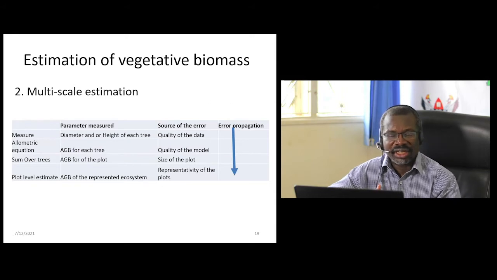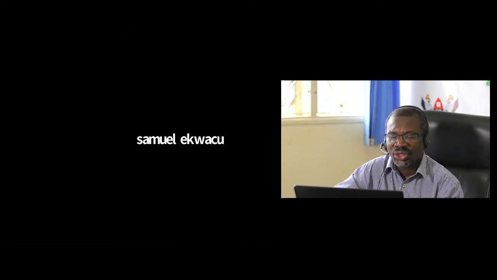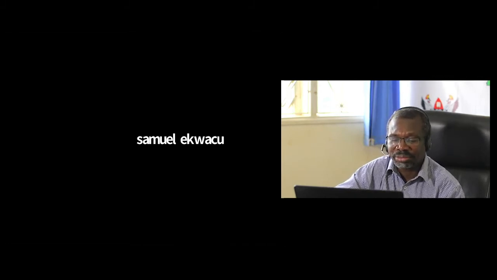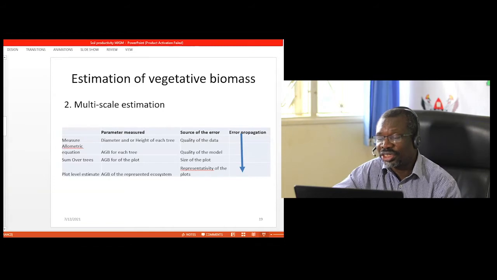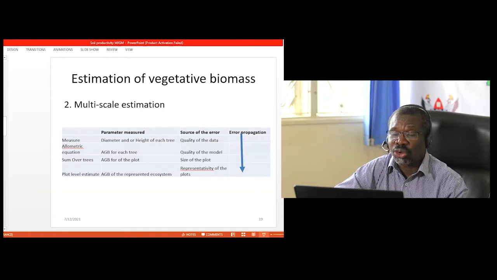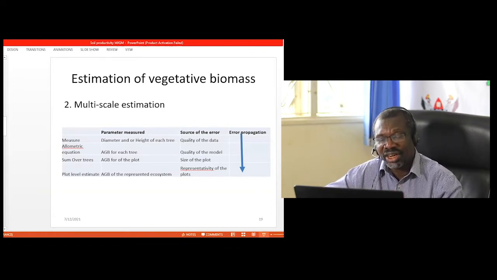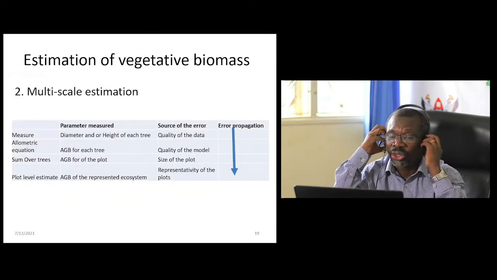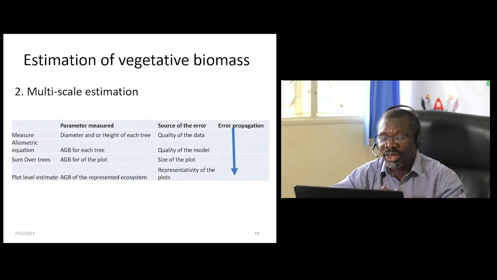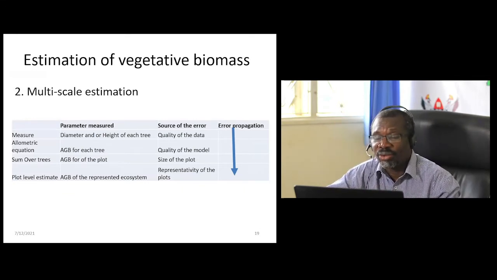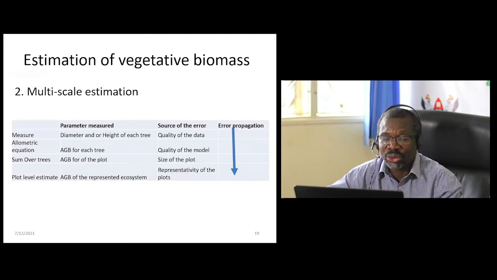So the accuracy of the model will depend on the data which has been collected at plot level. But the estimation at a larger scale will also depend on the accuracy of the model, and the size of the area where you want to make an extrapolation.